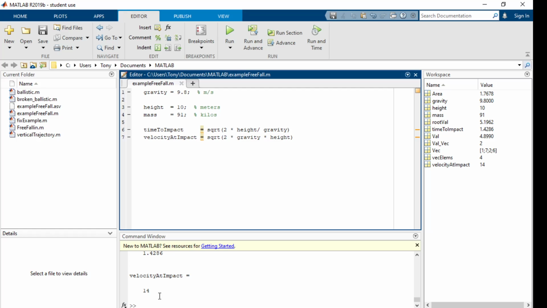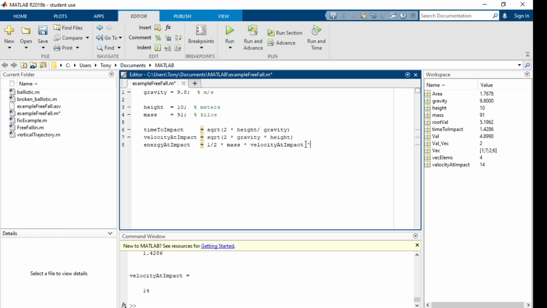All right. So then the last equation inside of here is the energy at impact. And that's going to be equal to 1/2 times the mass of the object times the velocity at the impact, the one I just created, the variable here, velocity, squared.